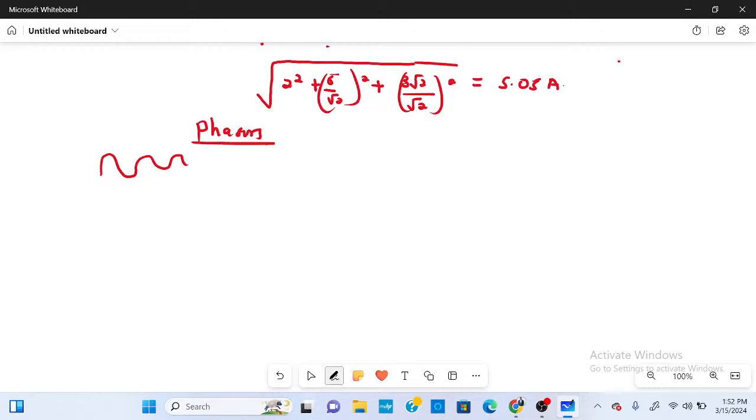So a phasor is simply a straight line with an arrow, where the length of the line gives us the magnitude of our alternating quantity, and the direction gives us the phase difference.